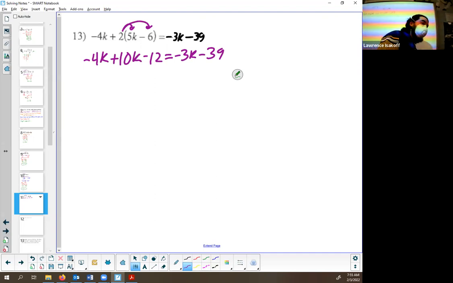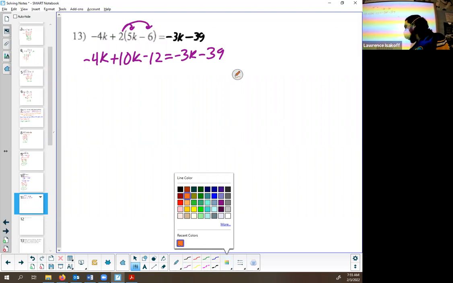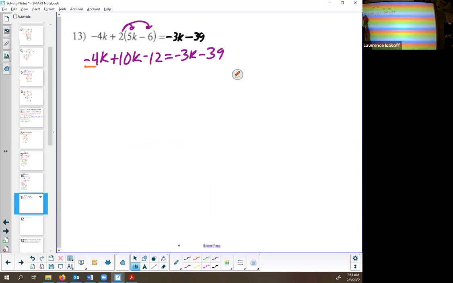Okay. Now, do you guys see any like terms on the same side? Yeah, we have the -4k and the 10k here, right? So -4 plus 10 is going to give me 6k minus 12 is equal to -3k minus 39.